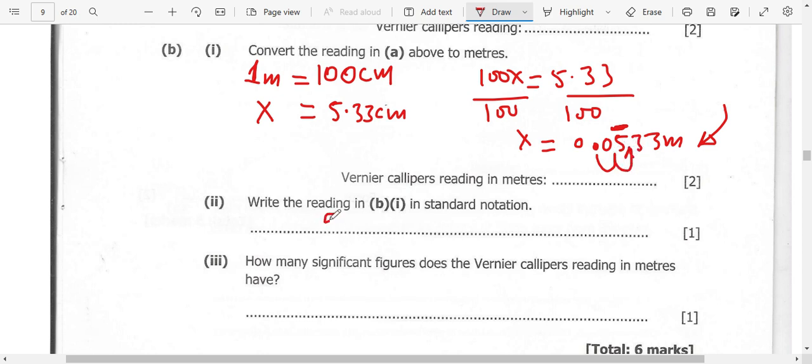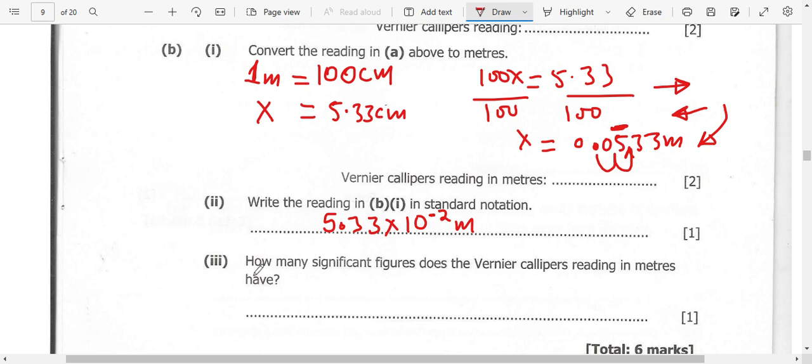So then the answer is going to be 5.33, and then times, you always multiply by 10. Now, because it has only moved 2 times, you are going to set the power. When you are taking the decimal in this direction, you put a negative power, so it will be to the power negative 2 meters. If the decimal is going in this direction, the power will be positive. Is that okay?